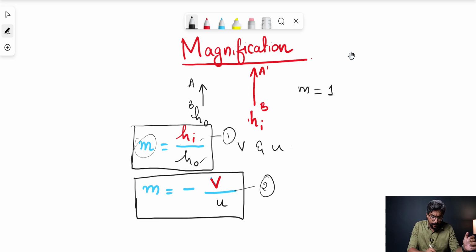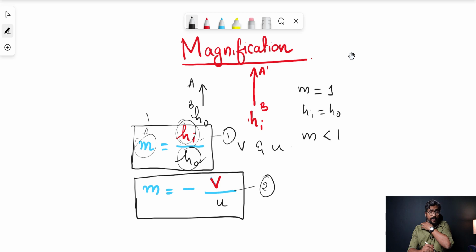Certain conclusions are there in the case of magnification. If we get a magnification M = 1, what is the meaning of that statement? M = 1 means HI and HO are equal. Then only you will get the value M = 1. So HI = HO. It means both image and object are of the same size. If M is less than 1, then obviously HI should be lesser than HO.